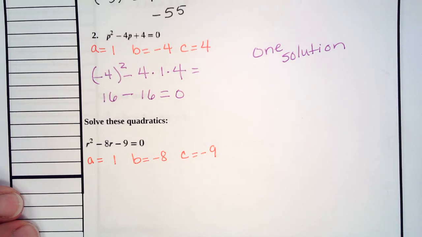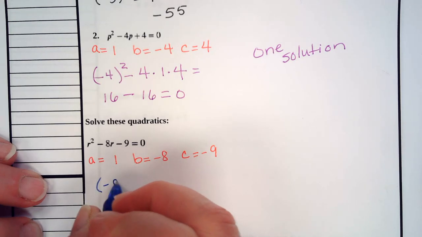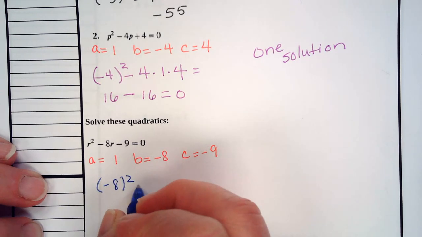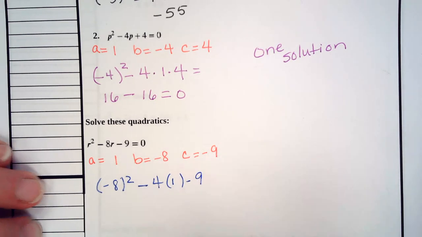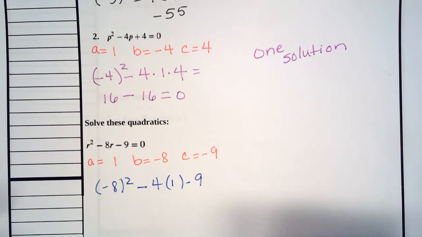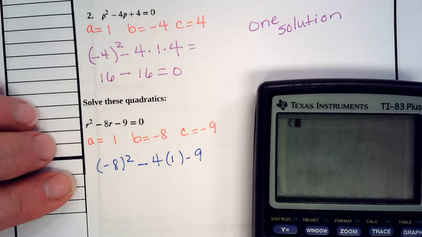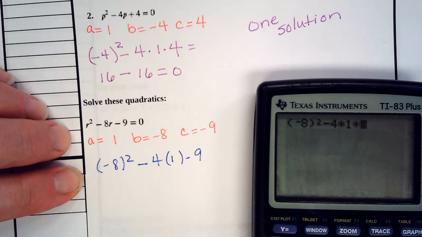Put it into your discriminant. Negative 8 quantity squared minus 4 times 1 times negative 9. Okay. Parenthesis, negative 8 squared minus 4 times 1 times negative 9.